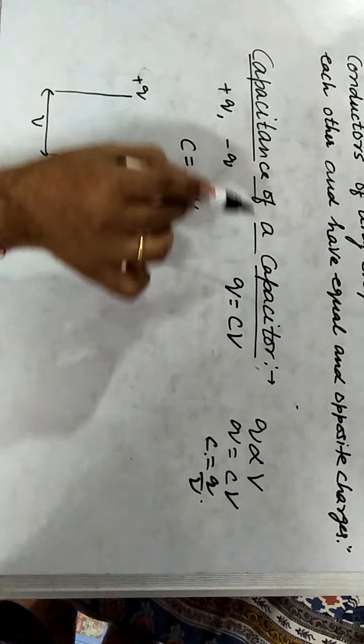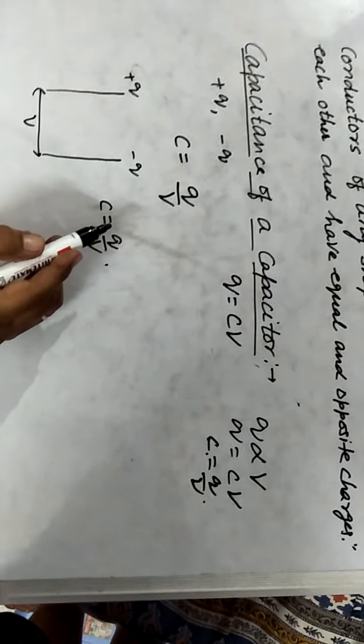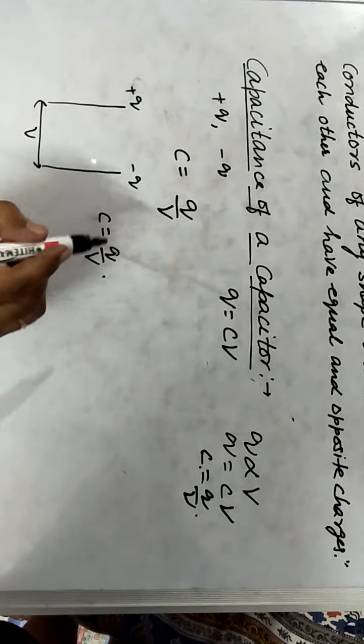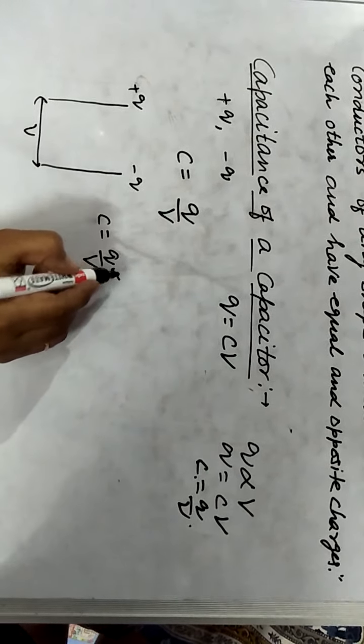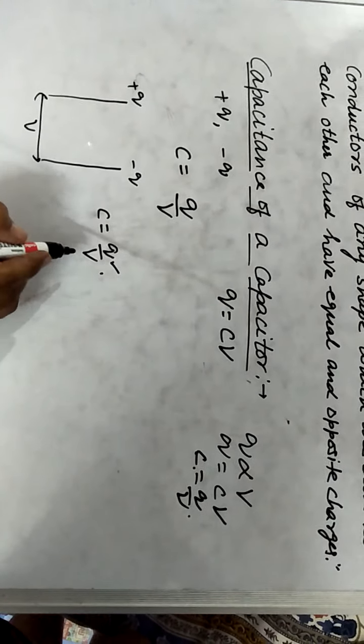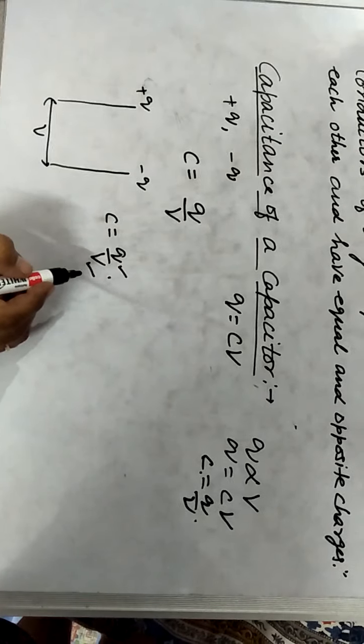The capacitance of a capacitor can also be defined in another way: it is the ratio of the charge given to the plate of the capacitor to the potential difference produced between the plates of the capacitor.